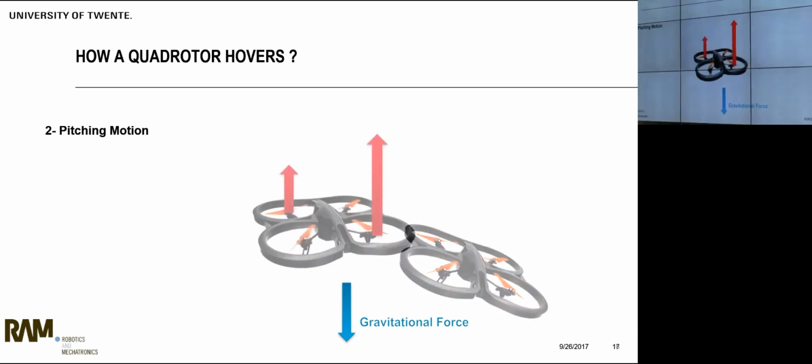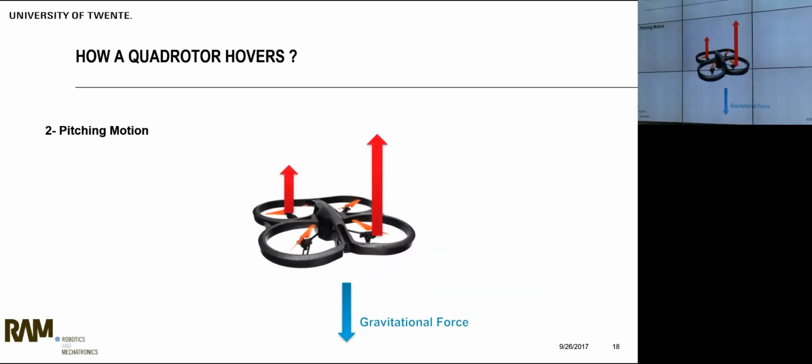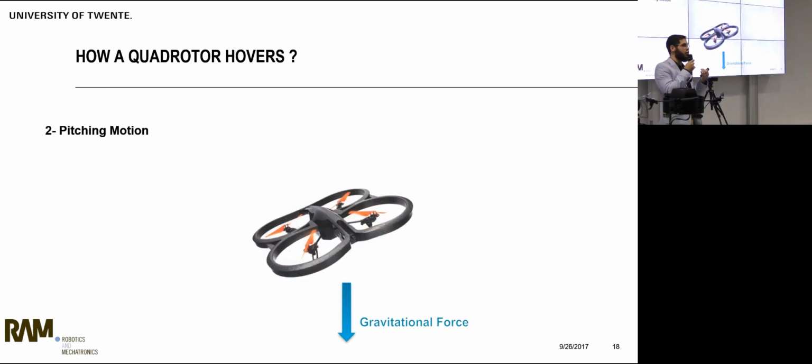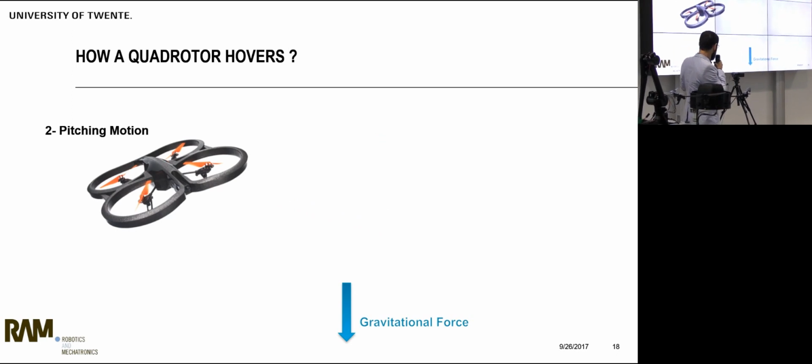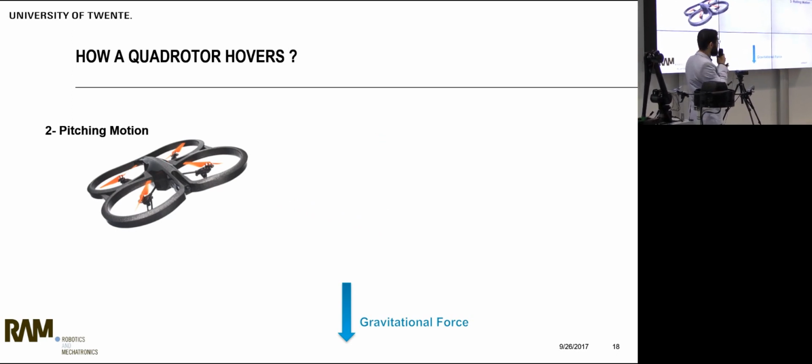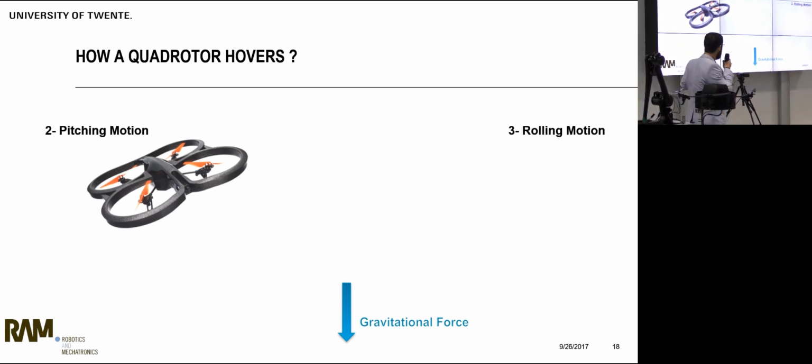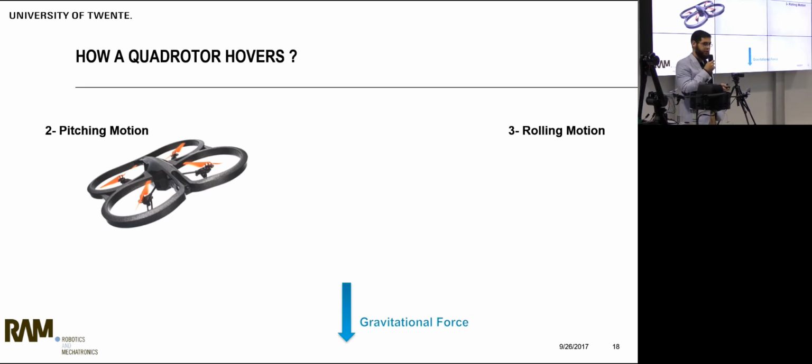And the opposite is also true. If you have this propeller faster than this propeller, the quadrotor tilts the other way, and it moves to the back. And that's also true for the other two propellers, which make what's called the rolling motion, and it moves in the other diagonal direction.